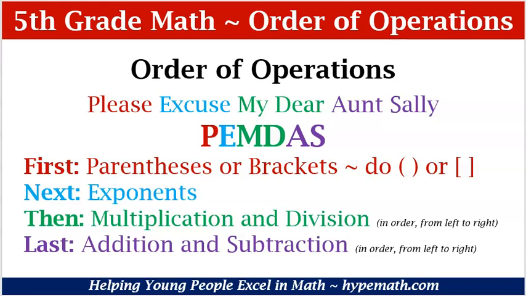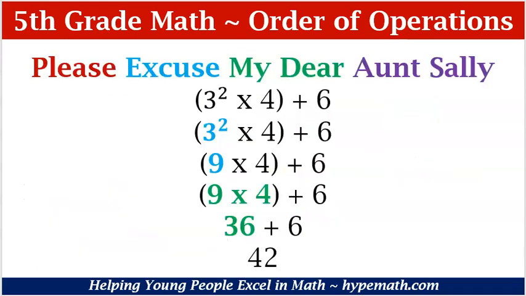That can be a misunderstanding because it's MD, but actually it's just grouped together, and whatever you come in contact with when working from left to right, that is what you'll do. It'll be cleared up when we go over some examples. Lastly, we have Aunt Sally, which stands for addition and subtraction, and that is also in order from left to right.